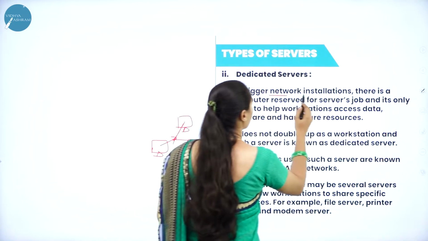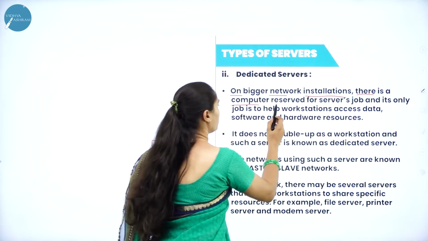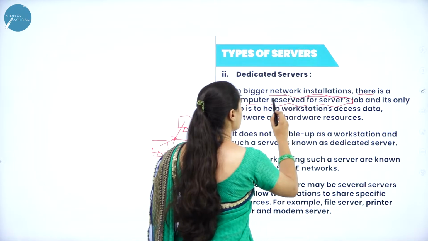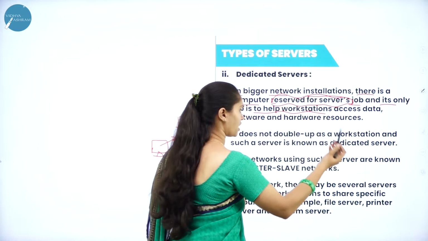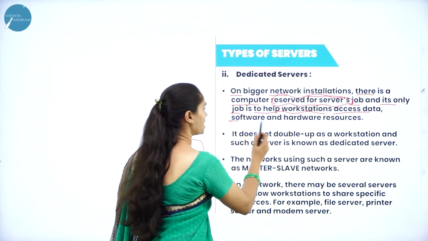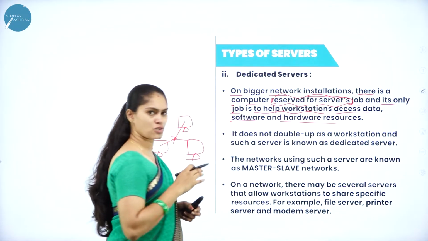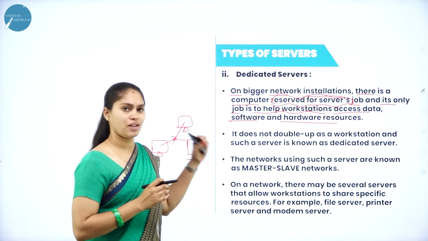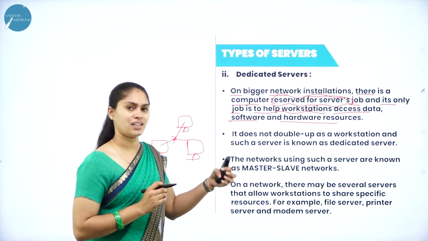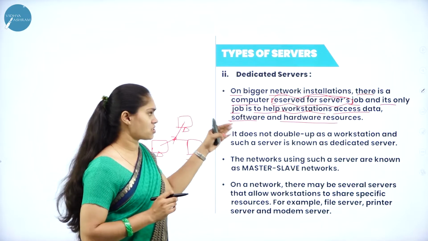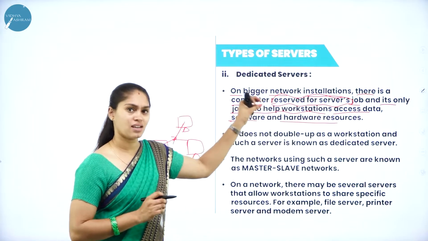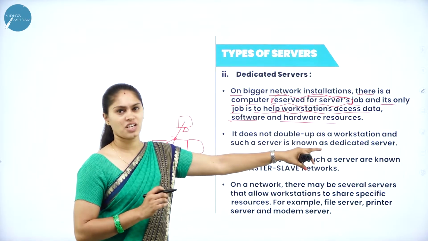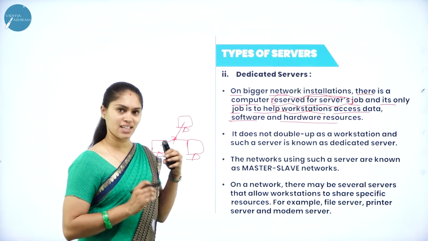So on a bigger network installation, there is a computer which is reserved for the server's job, and its only job is to help workstations access the data, software and hardware resources. Workstations are used to access the data, information or resources like software and hardware which reside on a server.